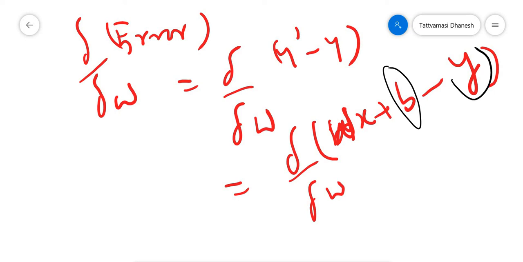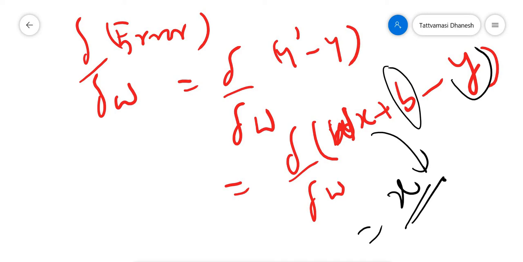Here x is also a constant. So what is ∂/∂w of wx? The answer is x. Normally everywhere we use x as the variable, but here x is a constant. You need to understand, here the variable is w. So ∂/∂w of error is x.